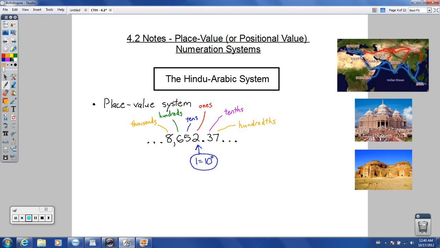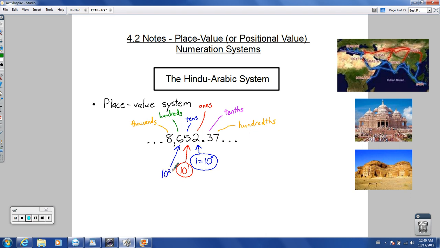I'll go back and forth with red and blue here. That spot right there is 10 to the first power. And then this next spot is 10 to the second power. The hundreds spot, 10 to the second power is 100. Next spot, 10 to the third power. The thousands place, 10 to the third power is 1,000.